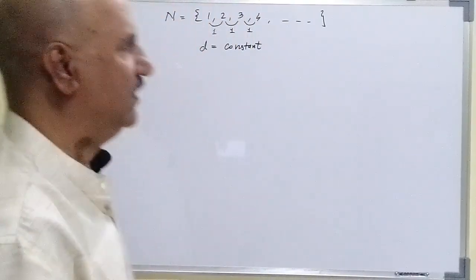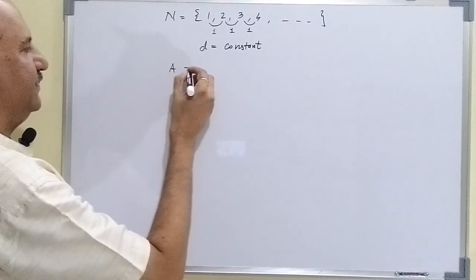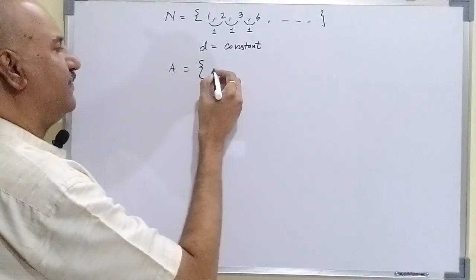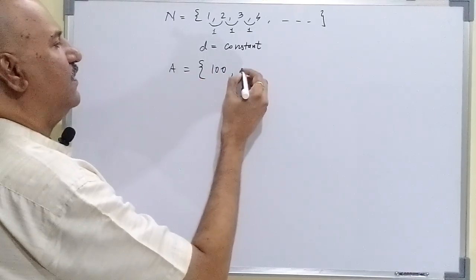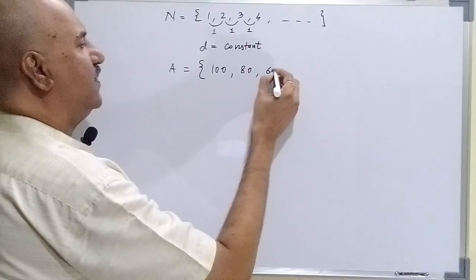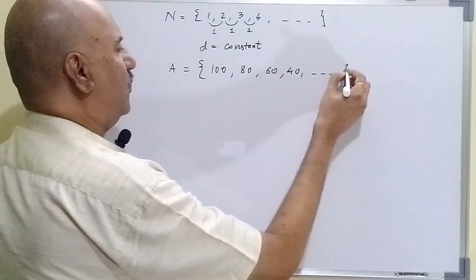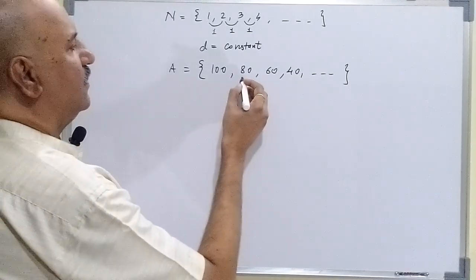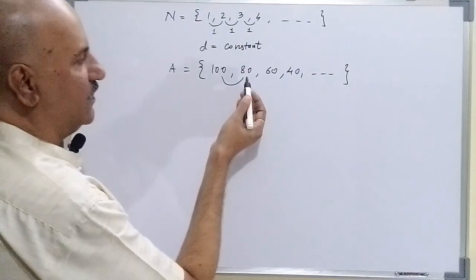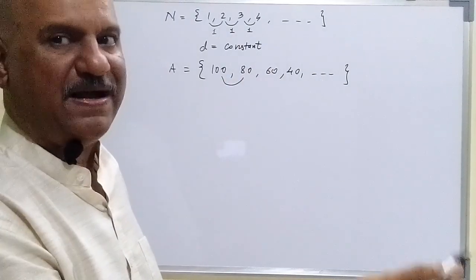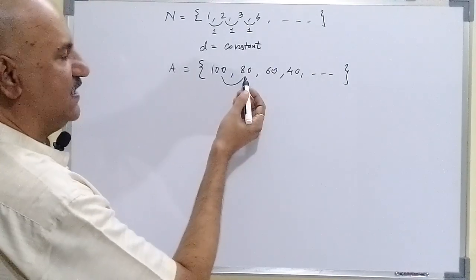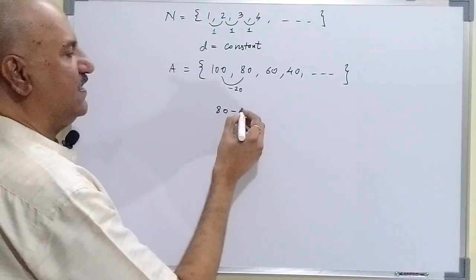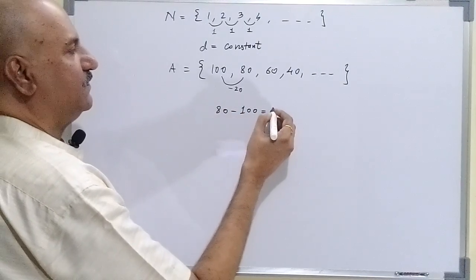Let us take another example. If I give you set A like 100, 80, 60, 40, so on. Please see the difference. Second term minus first term: 80 minus 100, what is the difference?